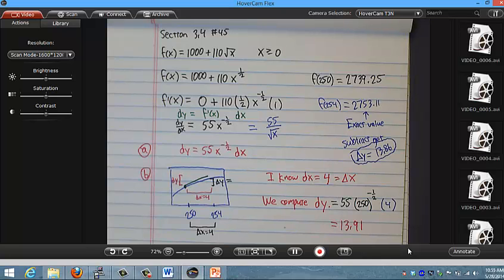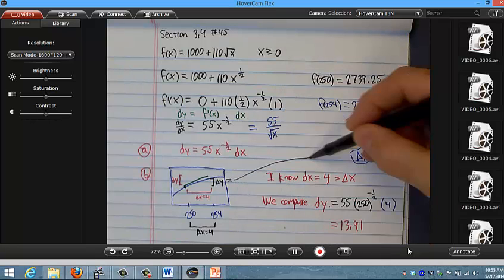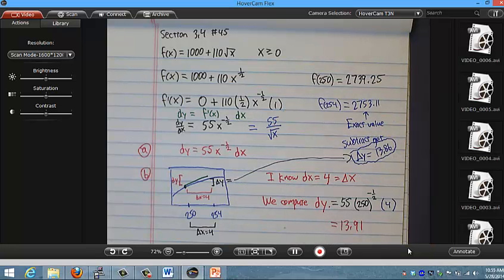You guys see that? And I guess delta y ended up being 13.86 and dy was 13.91. It's so close that who cares? Right? We're talking about a nickel difference. So that's where differentials are useful, or linear approximation is useful if the error is very small. Now, what keeps the error small?